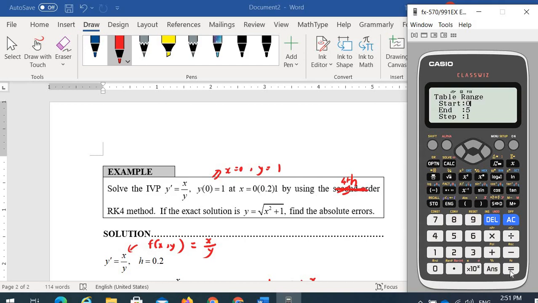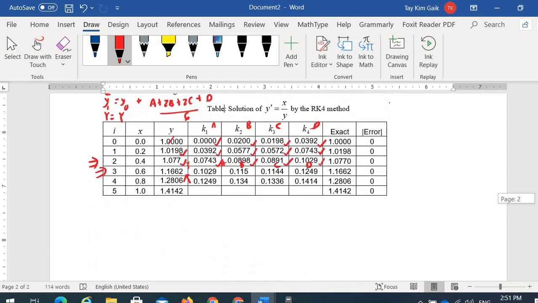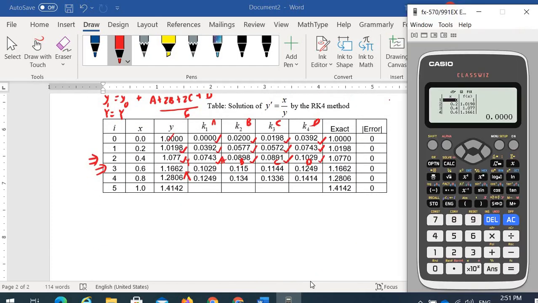Starting 0, ending 1, step exactly 0.2. Then you get the value. You can copy it straight away. So you need not calculate one by one.